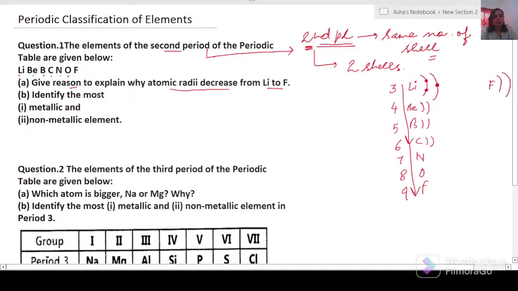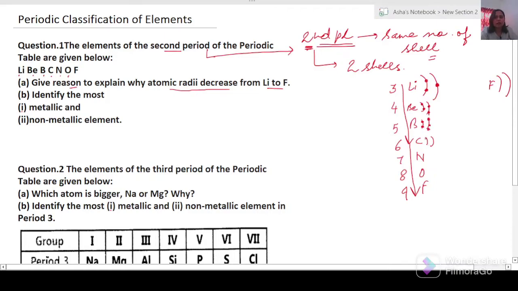If you see beryllium, we can put a maximum of 2 in the first shell, so 2 will be there and 2 in the outermost shell. For boron, 2 will go in the first shell because the first shell can take a maximum of 2, and the remaining 3 will be in the second shell.